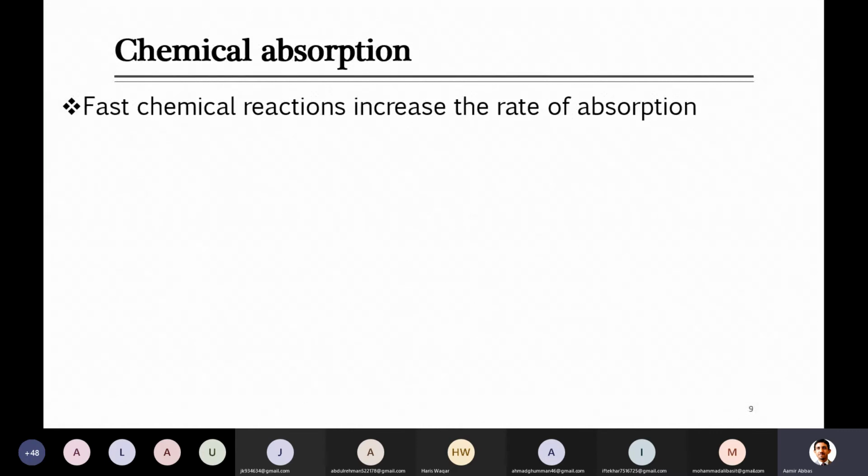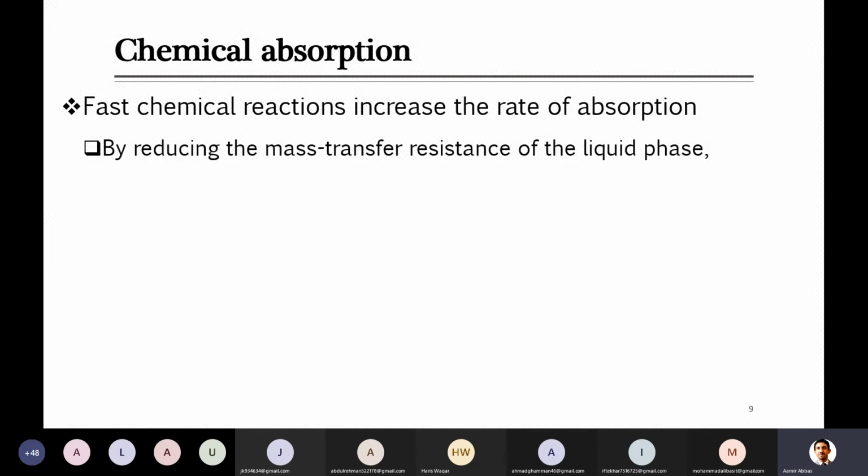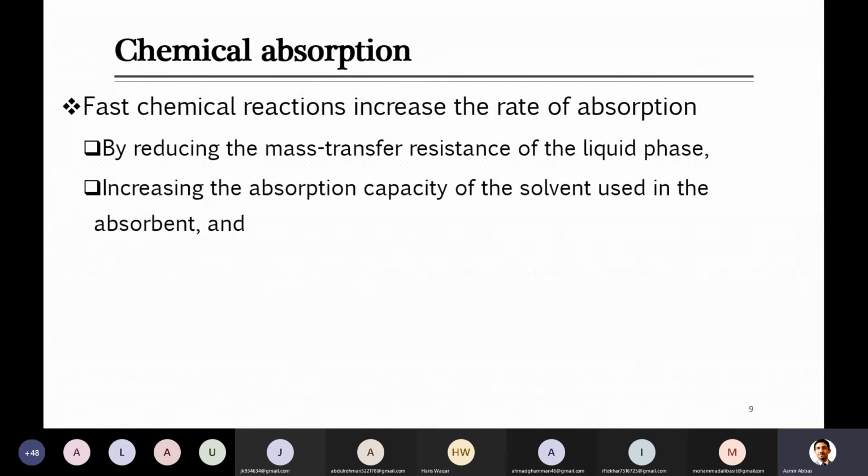Why are these chemical reactions better? It was already discussed somewhere, but when you are using chemical absorption instead of physical absorption, it helps you reduce the mass transfer resistance, because when they come in contact, they react as fast as possible, and it helps increase the efficiency.